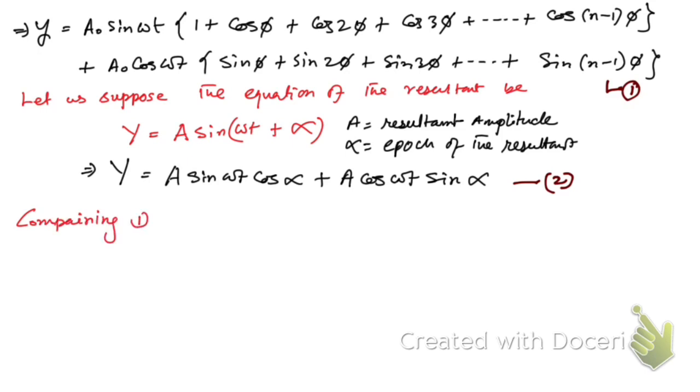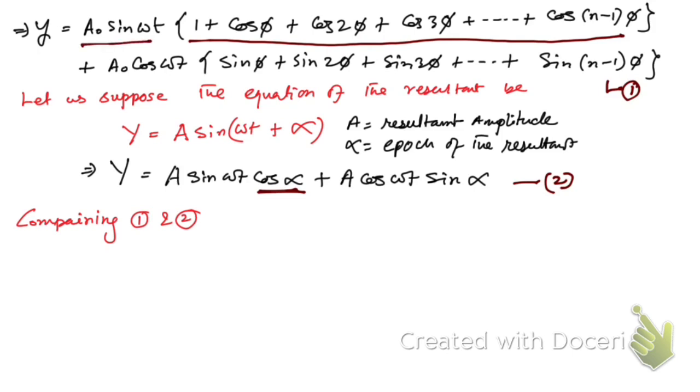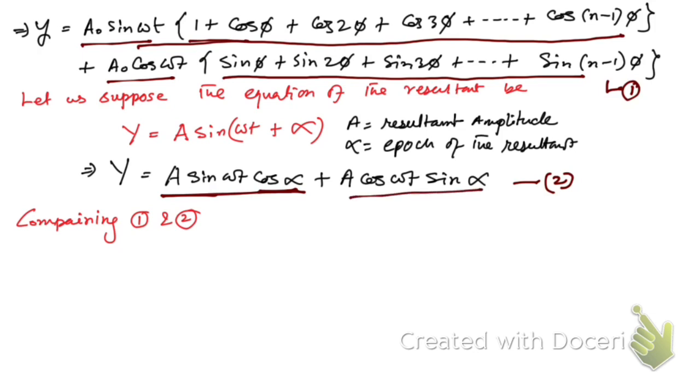Comparing 1 and 2, because this is also the resultant that we have considered. Now, the a naught sine omega t into this sum of cos phi terms can be compared with this, and a naught cos omega t into this series can be compared with this, right?